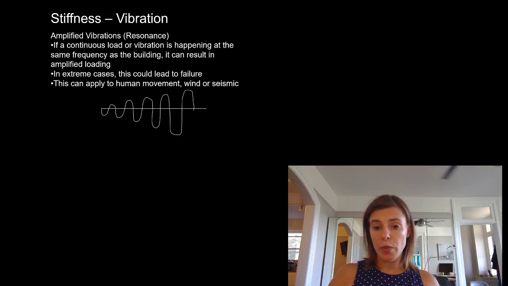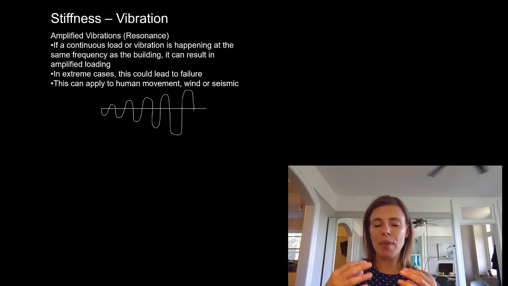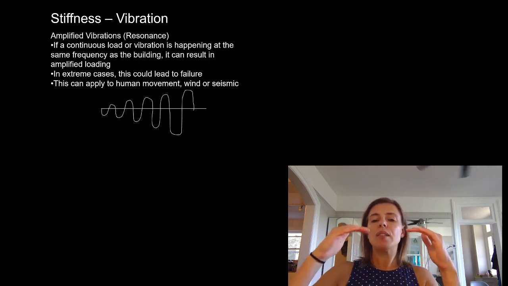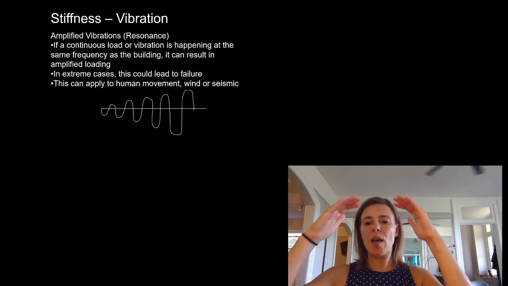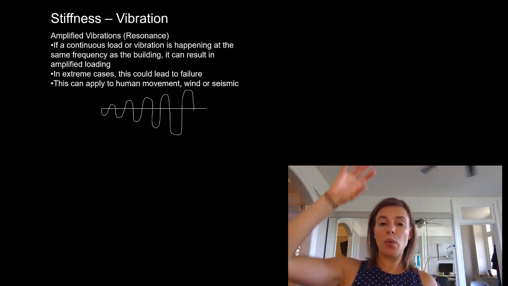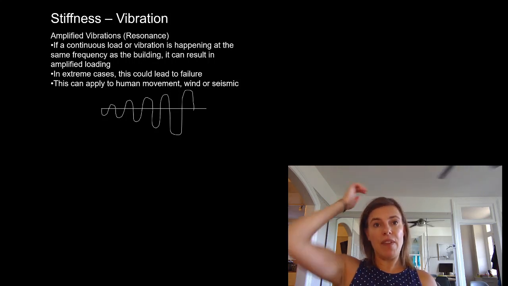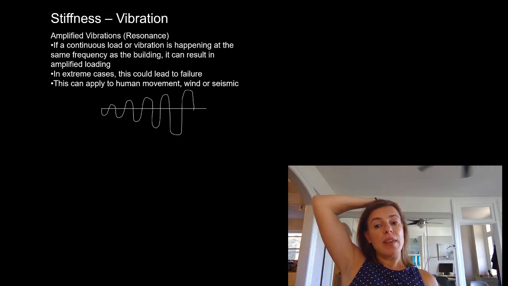A bridge is a really good example. If you have something on the bridge moving at the same natural frequency, they can start to move together and amplify the load, and it starts to get bigger and bigger until we get really large movements that will eventually result in a failure. That would be the extreme case.